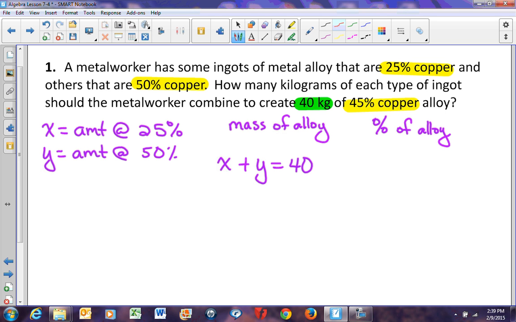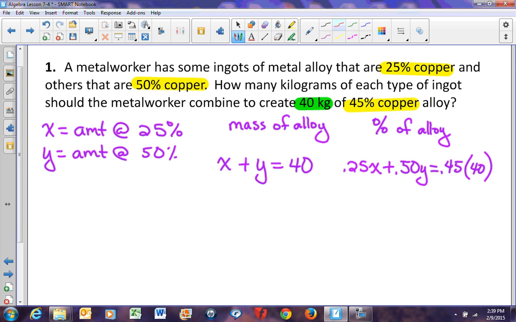For my percentage, remember, a percentage is going to be the decimal times the amount. So the decimal for 25% is 0.25, so 0.25 times the amount of alloy, which I don't know, so I'll call that x, plus the percentage of 50% is 0.50y. That has to equal, I need 45%, but I need 40 kilograms at 45%, so I'm going to multiply 0.45 times 40.